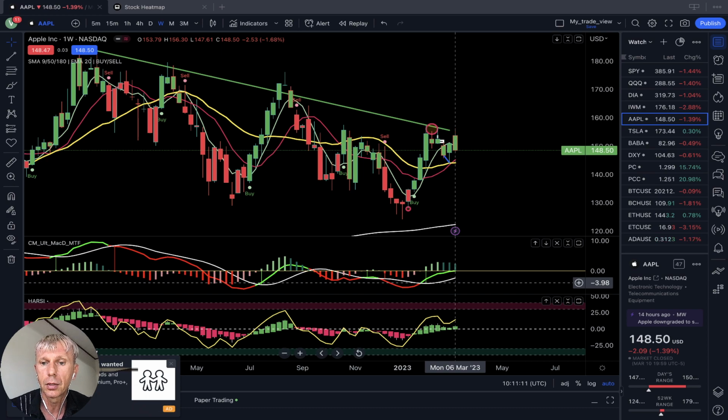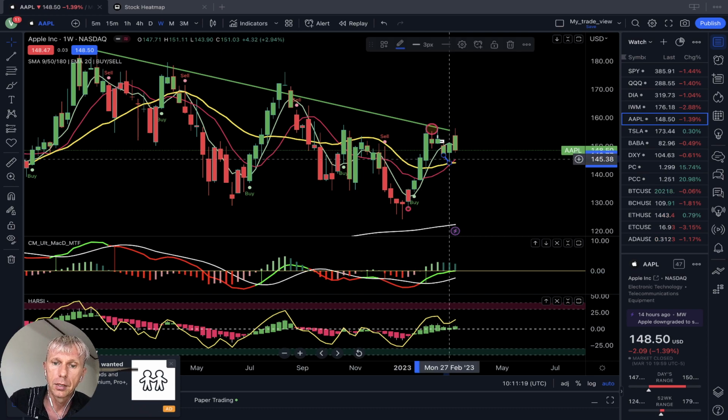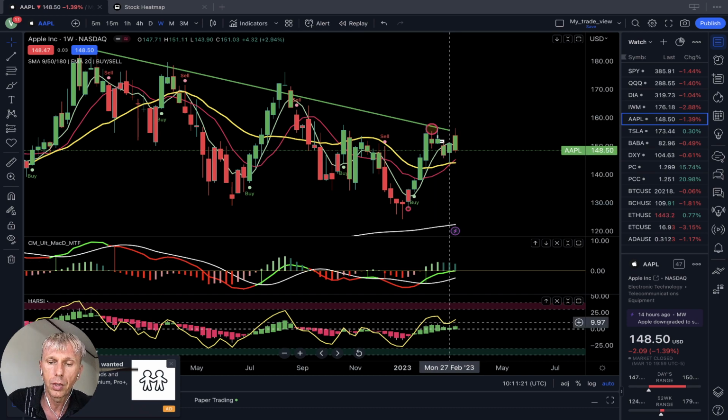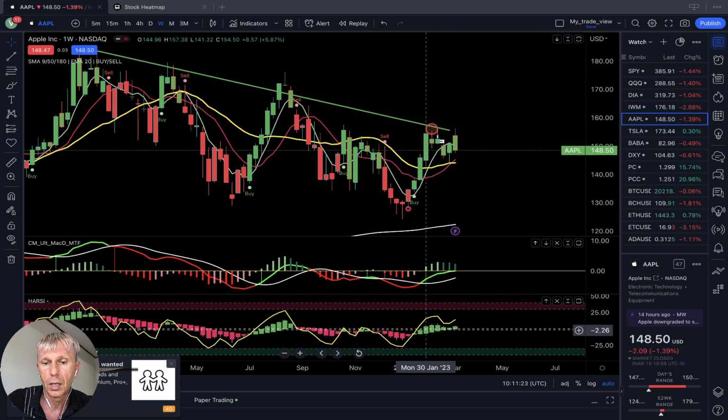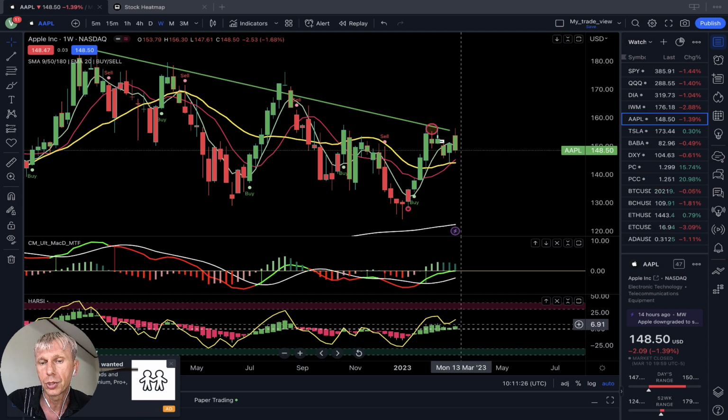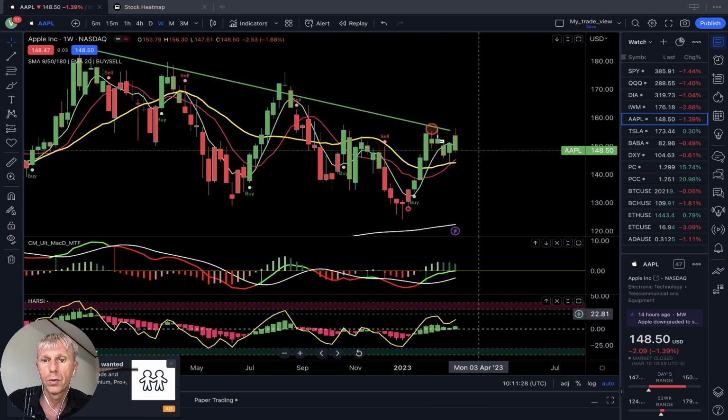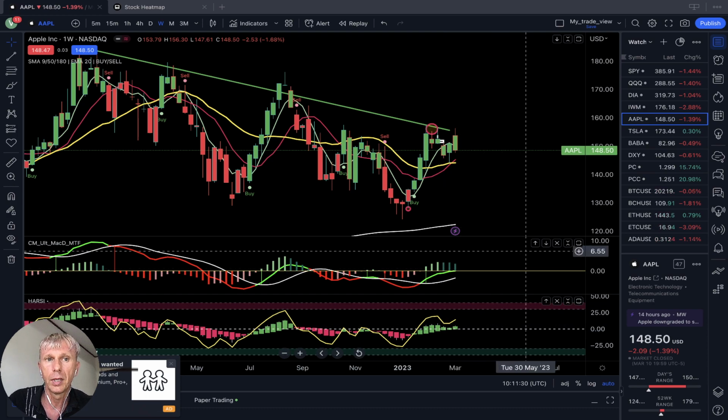Apple is still kind of bullish. MA5 still above MA10, bullish trend. MACD green, bullish. RSI still in the bullish territory, uptrend. Heikin Ashi green, bullish trend. No negative signal yet on weekly time frame.